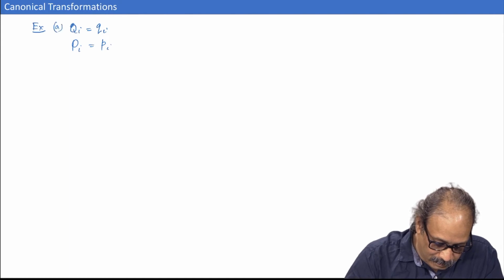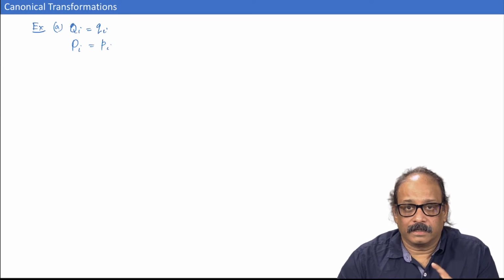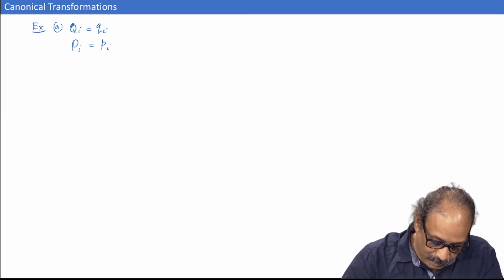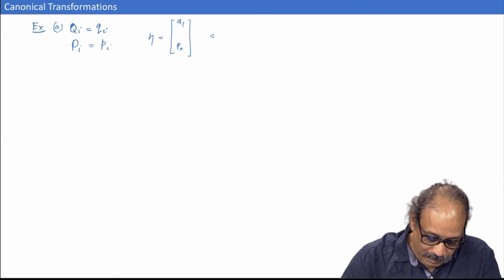Okay. So, this is identity transformation. In terms of eta, of course, these are again q1 to pn and xi is nothing but Q1 to Pn.